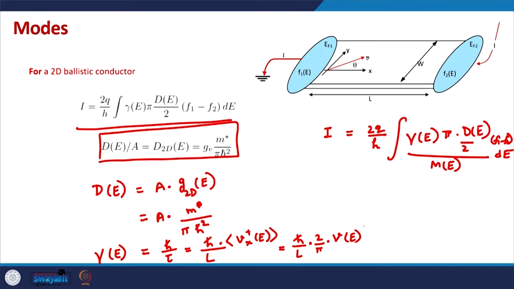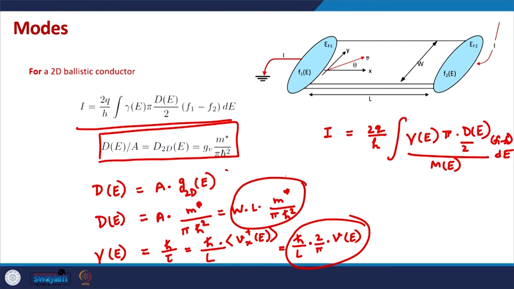So if we put this value of gamma E and this value of dE, which is essentially W times L times m star divided by pi h bar square, the number of modes turns out to be h bar by L, 2 by pi times Ve, times W times L m star divided by pi h bar square, times pi by 2.